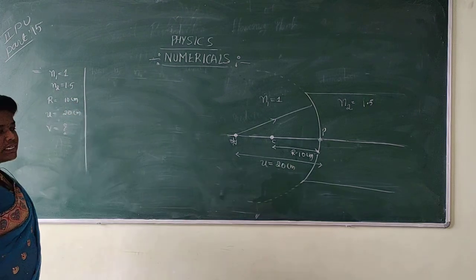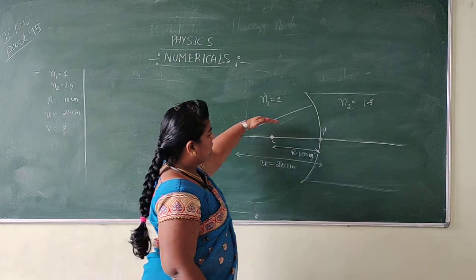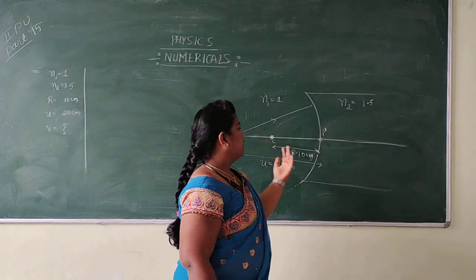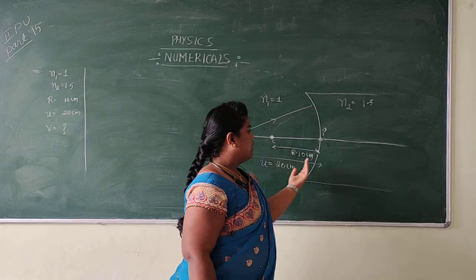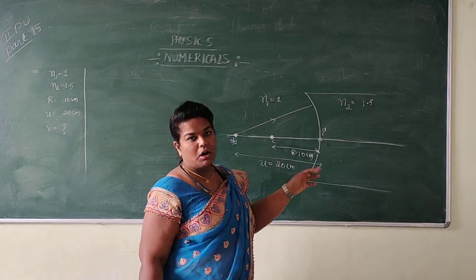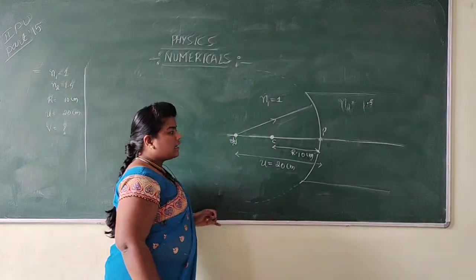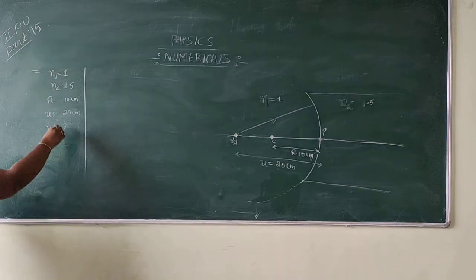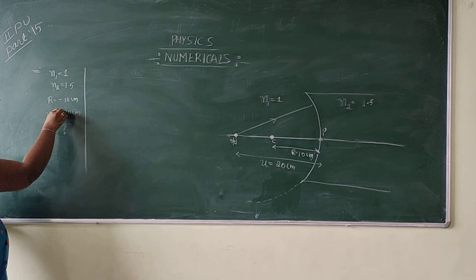Now, students, the ray of light moves in the same direction. But what are we doing? You are measuring radius of curvature and object distance in the opposite direction. So if you are measuring in the opposite direction, according to the sign convention, what should r be?